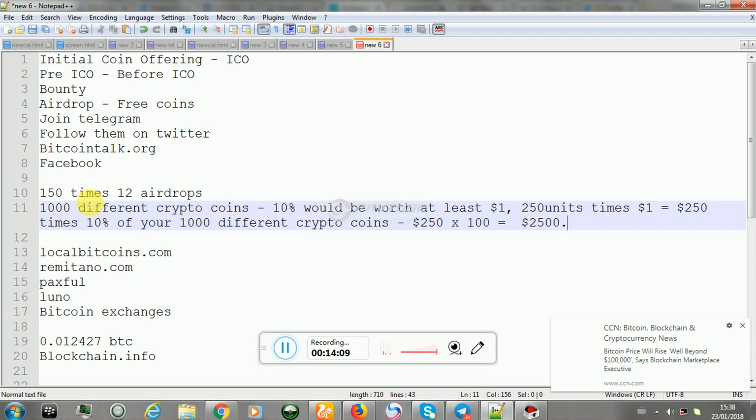worth of crypto coins. If you do these simple things, just by tweeting 5 different crypto coins per day, you'll be sure of at least $2,500 for paying nothing.